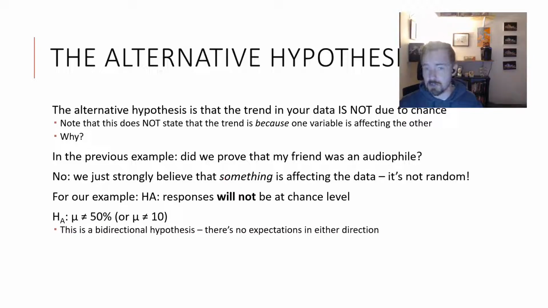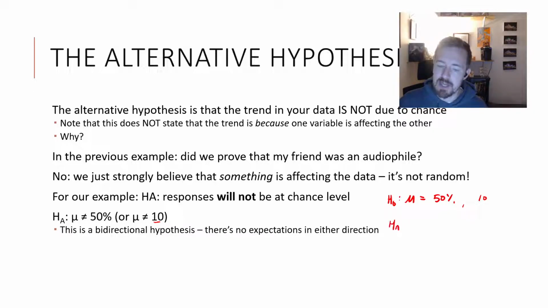And that's actually going to look a little bit different, because what that means is, when we write this out for the previous example, the mu of our friend's responses is going to be equal to 50%, which in this case is going to be 10, right? Because we talked about how 10 is essentially random chance. So that would be the null hypothesis, because we're not expecting her to be able to do that. So we expect her to do randomly.